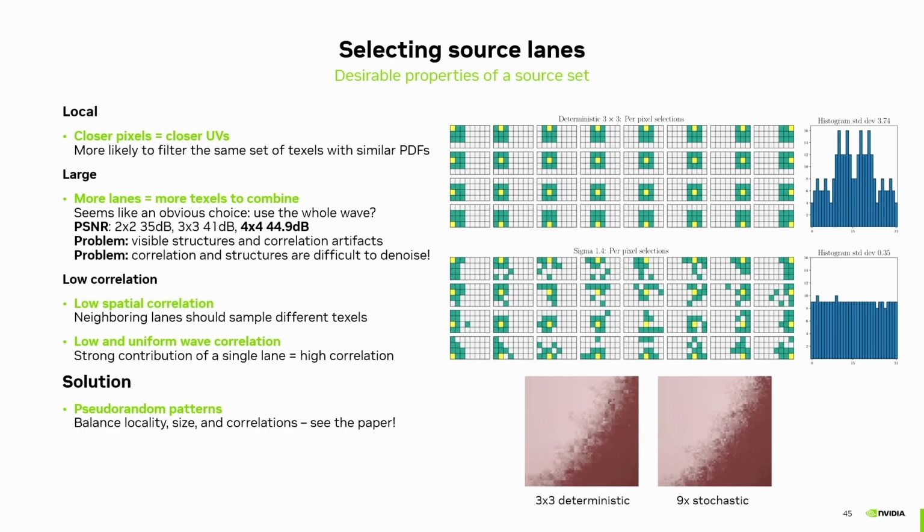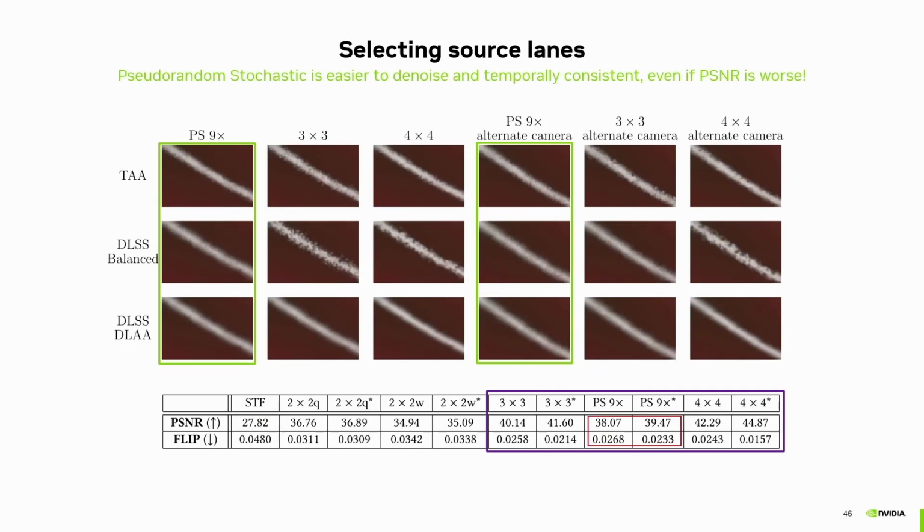And you can observe at the bottom of the screen an example of how a 3x3 deterministic pattern produces those square-like artifacts, while a 9-sample stochastic pattern is instead noisy, and most importantly, it denoises very well.